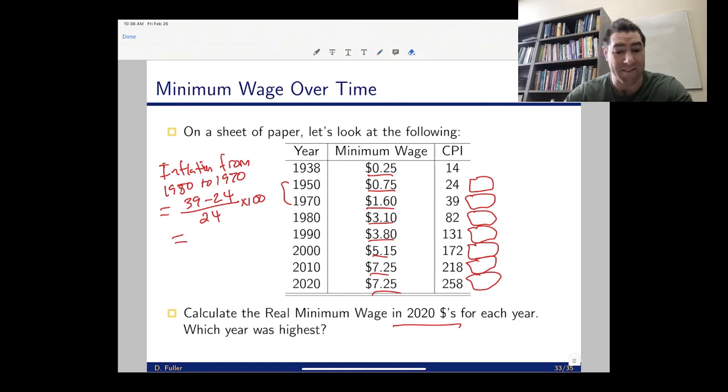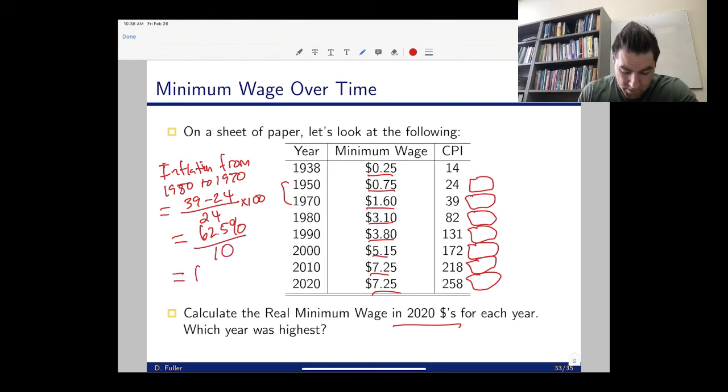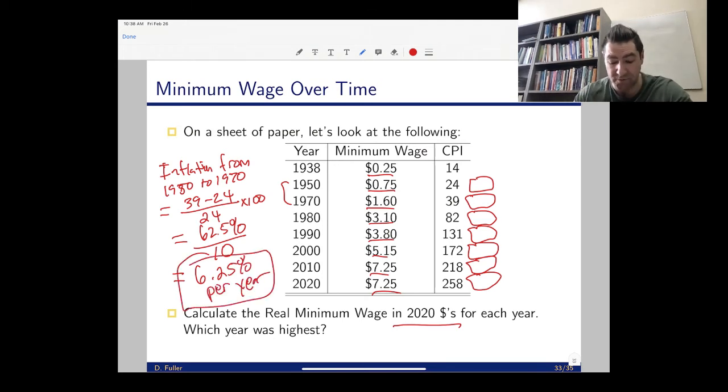So that's a 62.5% change. So that sounds pretty big, right? Now that's over a course of 10 years. So if I wanted to get this per year, that would be 6.25% per year. Right? So the average inflation rate from 1950 to 1970 was 6.25% per year. So the cost of living was increasing relatively quickly over that 20-year period.